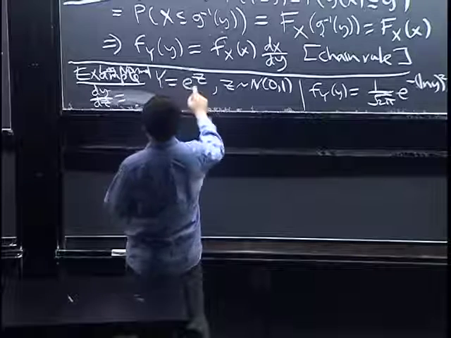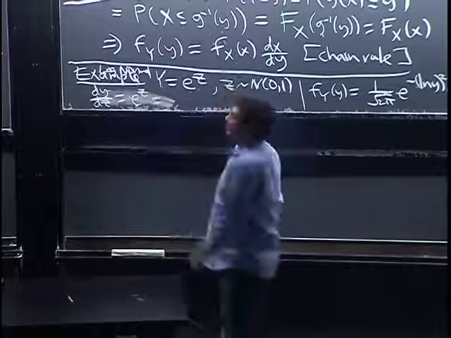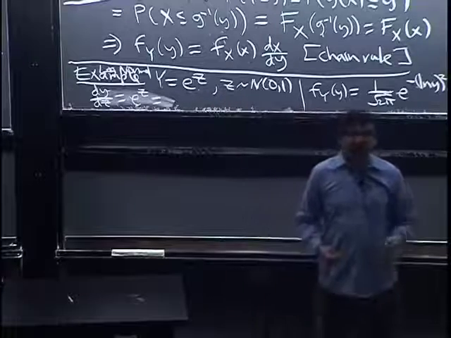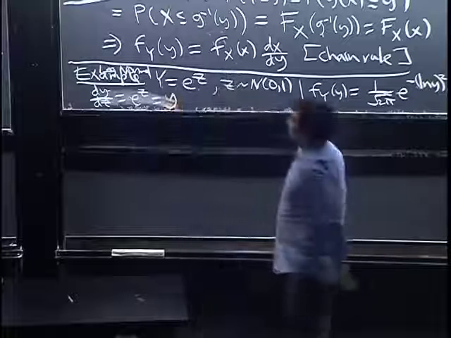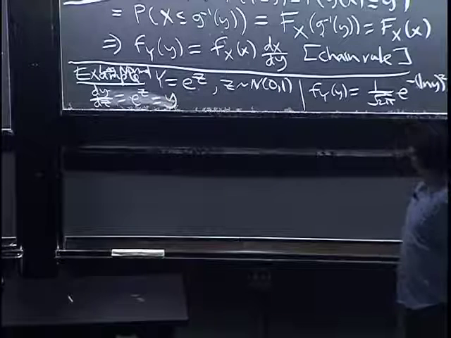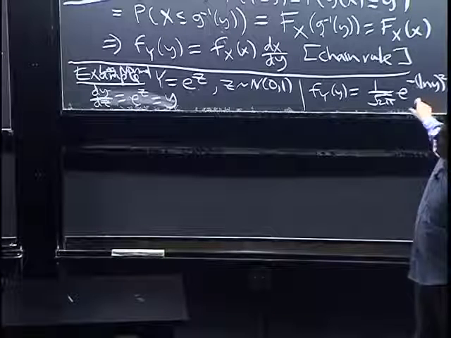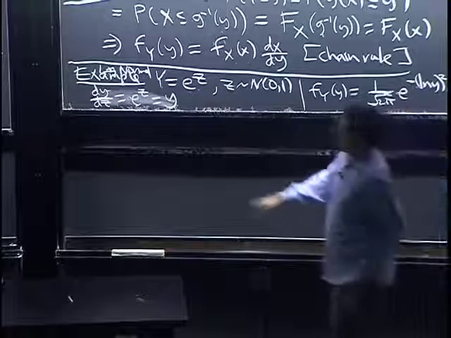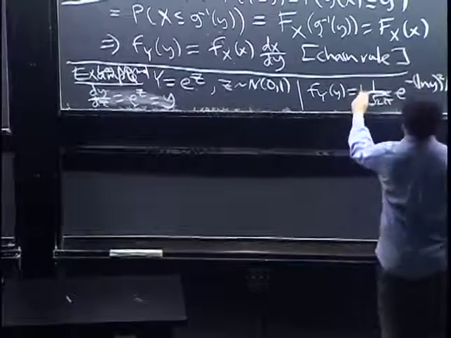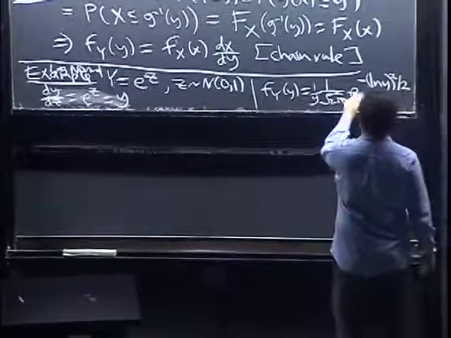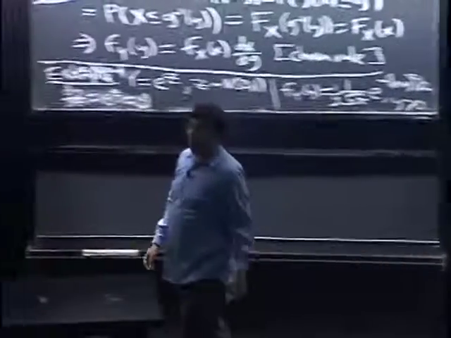The derivative of e to the z is e to the z, but I want to write that in terms of y instead. e to the z in terms of y is y. So that wasn't too difficult. And then we just need to be careful about whether we multiply by dy/dz or dz/dy. It says dx/dy, so it's the reciprocal of this, so we just put a 1 over y. And this is for y greater than 0. So that's going to be the PDF.